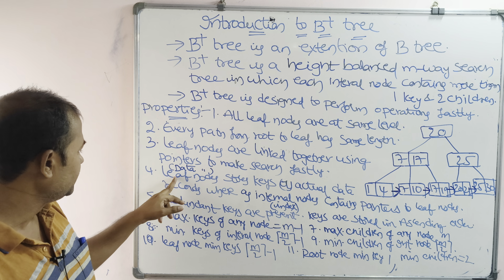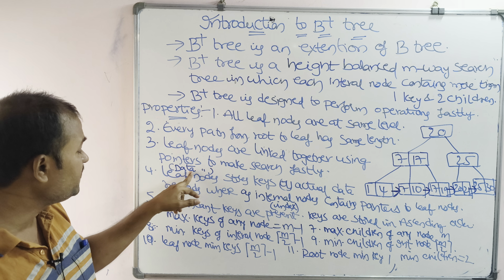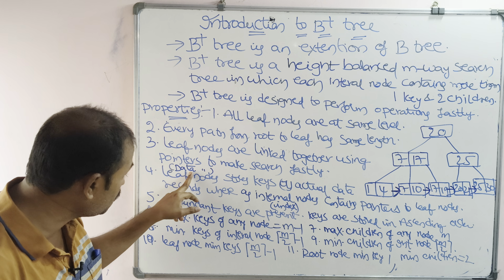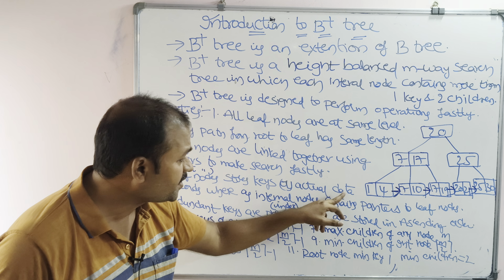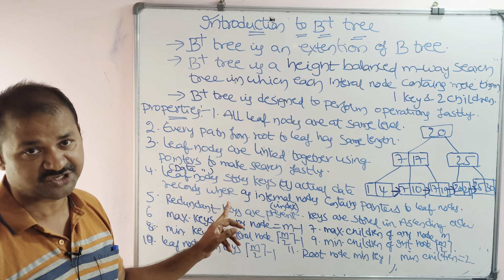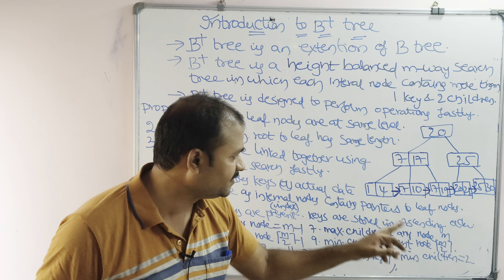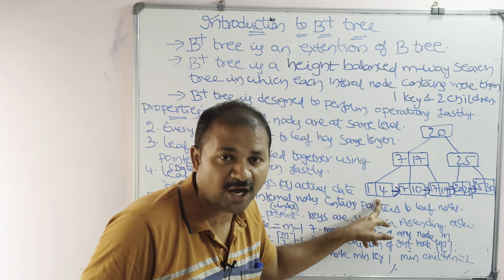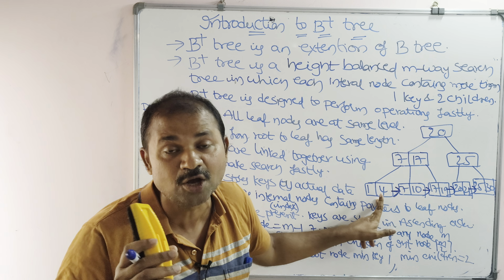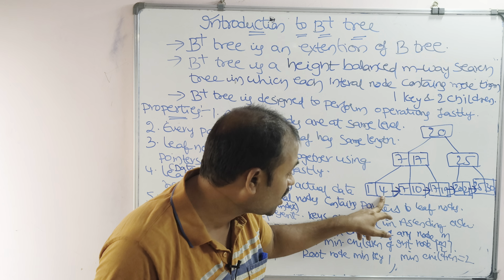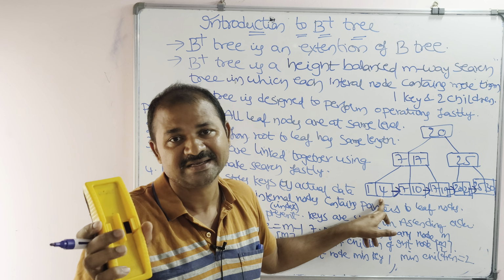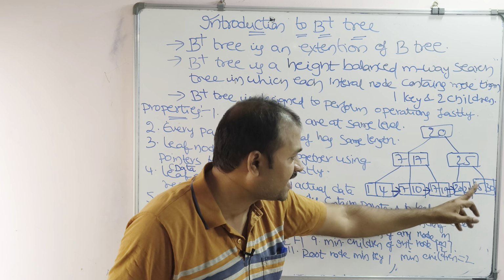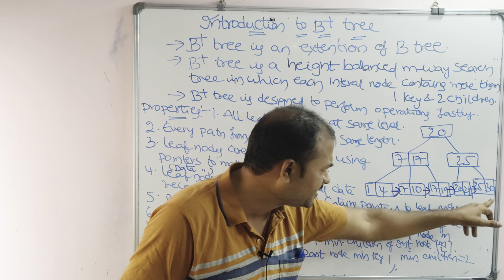Next property, the leaf node can also be called a data node. Leaf node stores only keys or actual data records. Leaf node or data node stores only keys. Keys means data records. So all these are nothing but keys.